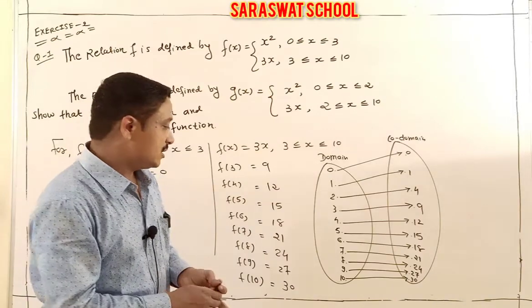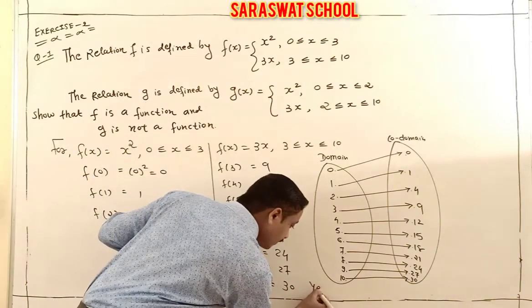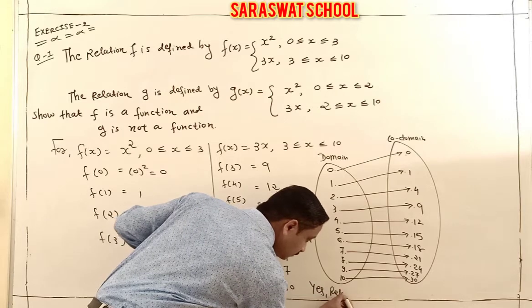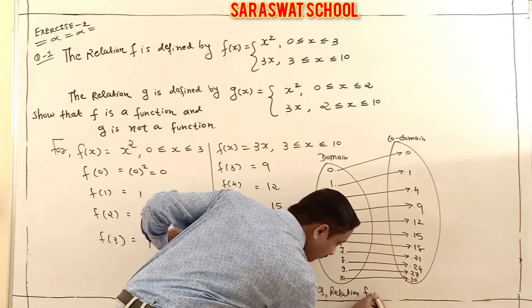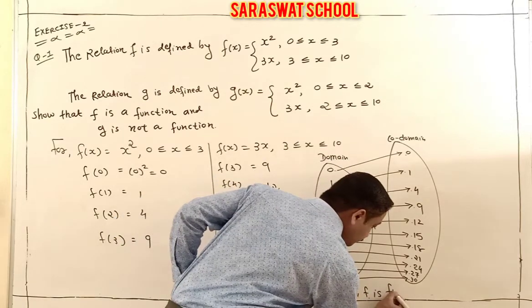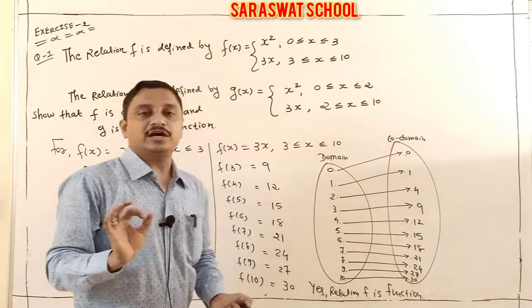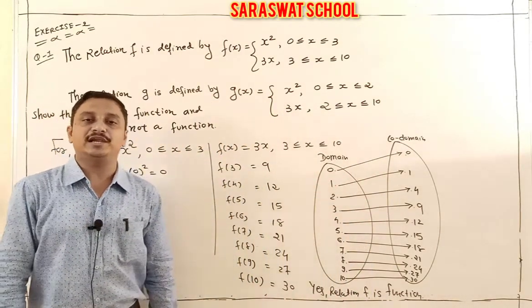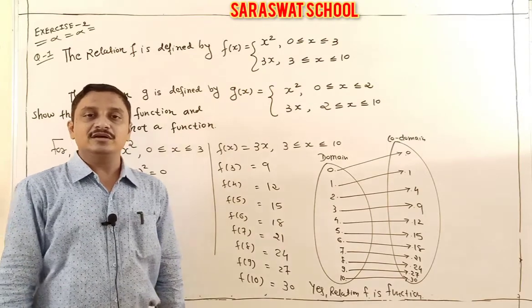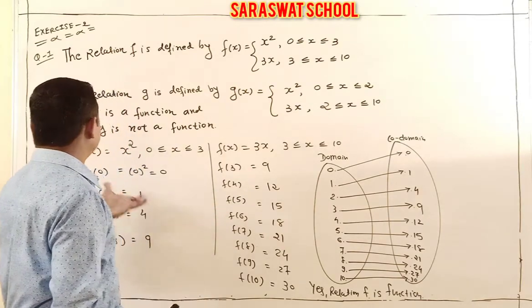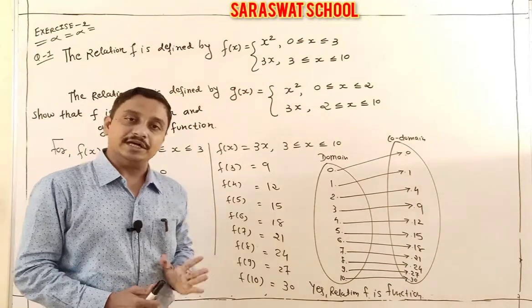So sure, yes, relation f is a function. Reason, same, write down, students: every element of domain is uniquely associated with the codomain. And this part, f(x), is done.